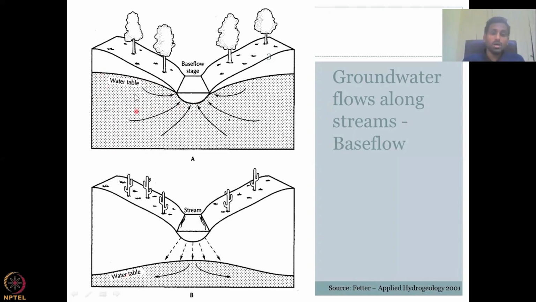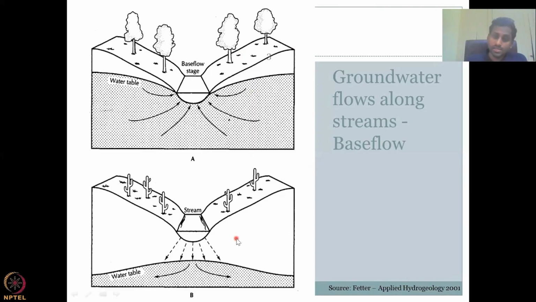Same here. But in this case, let's finish this case. You have trees and agricultural area. So you have better infiltration and plants taking up the water, but more important, because you have high infiltration in an agricultural area or a forested area, water can recharge fast.